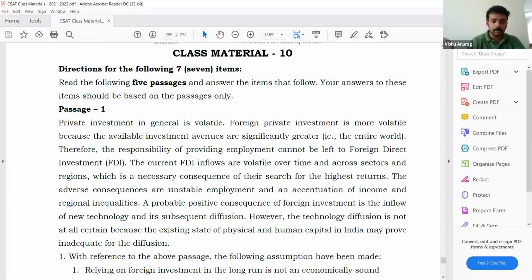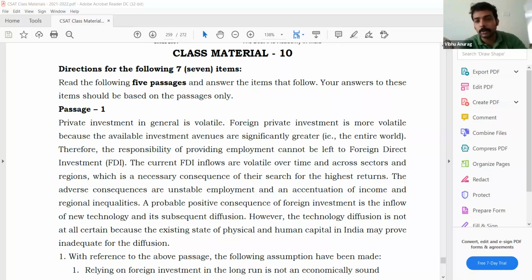So you have to solve passages 1 to 5. That's question 1 to 7. And no extra time. We will be taking 0 extra time. You have 14 minutes.